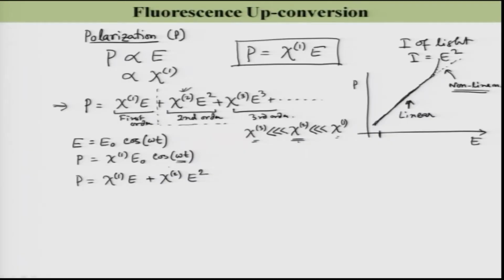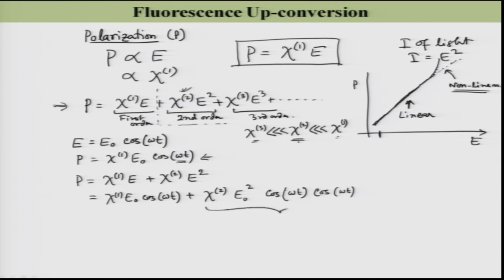Now, let us take the same functional form as what I have written here. So, I will simply write chi 1 E 0 cosine omega t plus chi 2, here it will be E 0 square, and this is cosine omega t and again cosine omega t, 2 times. So, this is like a cos A cos B type of formula.